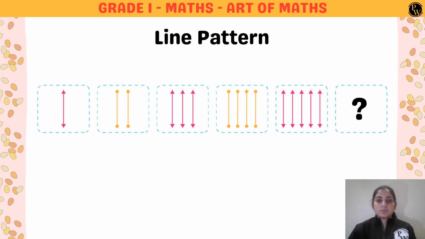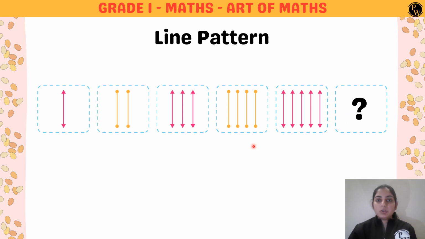Now let's explore the line pattern as a growing pattern. Here we can see we have a different count of lines in the respective boxes. Let's start with the first box. Here we have one line, then two lines, then three, then four, then five, and then a question mark.